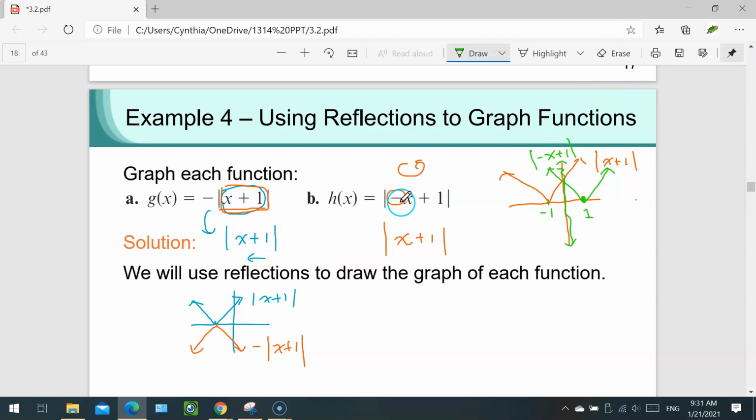When the negative sign is inside, you deal with the left and right reflection. So you need to consider your mirror is in the center on the y-axis here. When you reflect along the y-axis, you need to consider the opposite point on the other side. I hope that makes sense to you.